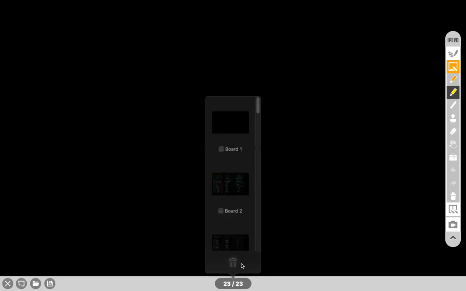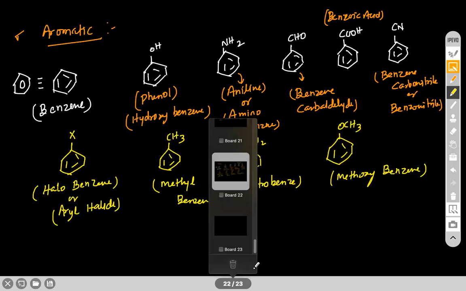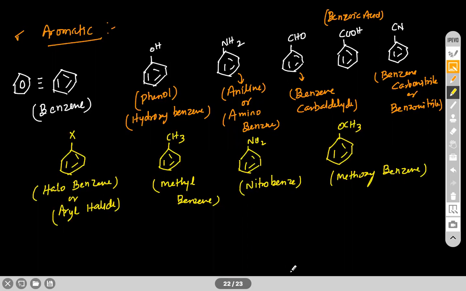If the side chain contains a functional group, then benzene is known as phenyl.